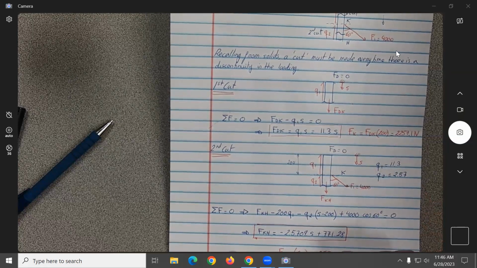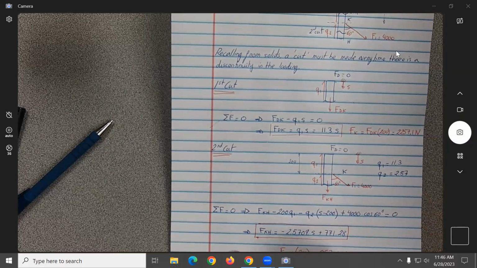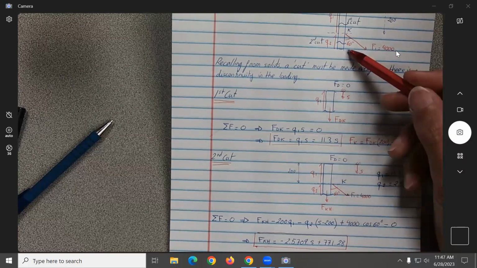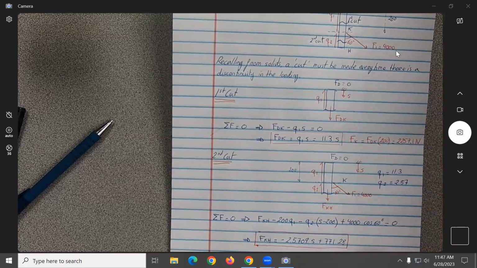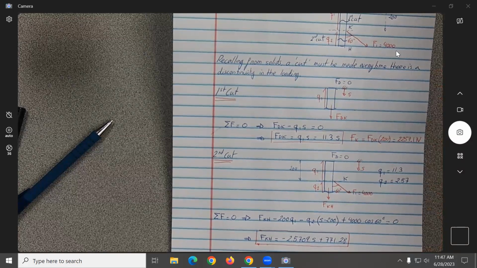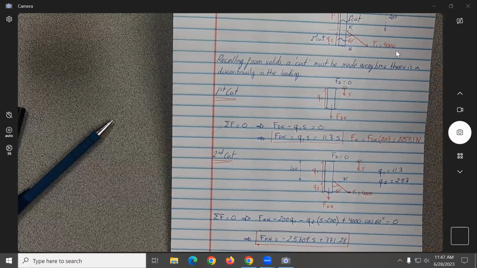So 257.1 newtons. And what should F be at point K? F K will be F KH at 300, and it will be correct. What should the load at the end be? 0.